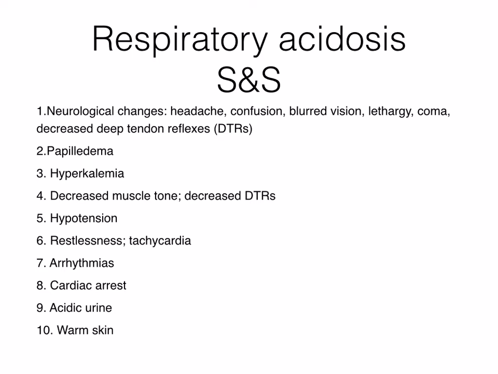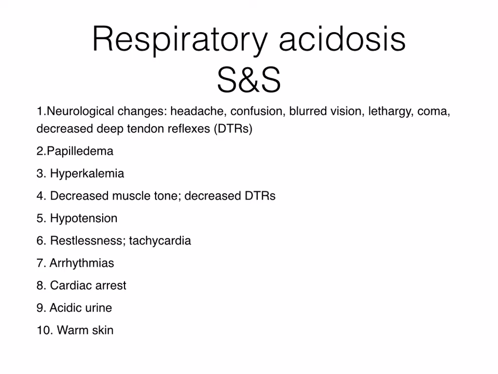So, the excess acid in respiratory acidosis is causing brain vessels to vasodilate, which leads to brain swelling, high intracranial pressure. Carbon dioxide at this time can cross the blood brain barrier and can cause changes in pH. Then there is something called papilledema, and it is due to increased intracranial pressure.